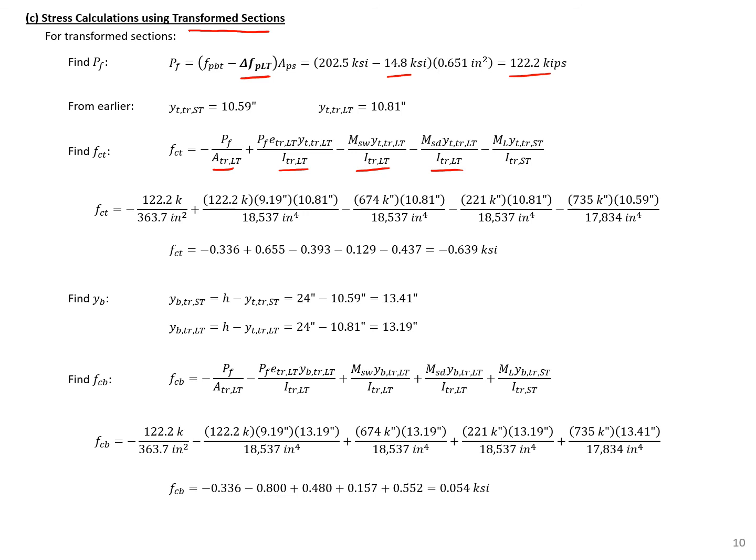The short-term transform section properties we'll only use for our immediate loads or our live loads. So you can see plugging in all those values, we'll get a top fiber stress of negative 0.639 ksi and a bottom fiber stress here of 0.054 ksi. So tension in the bottom and compression in the top.